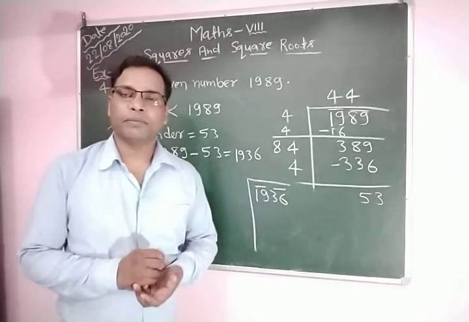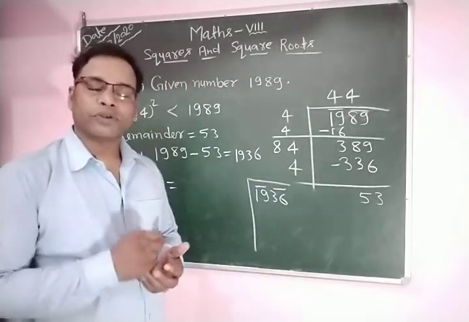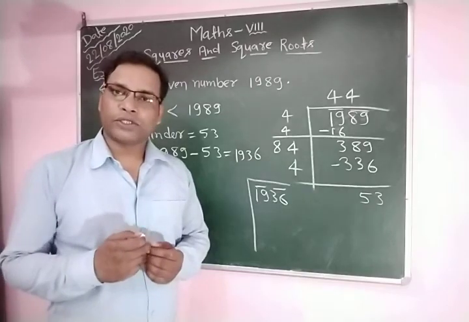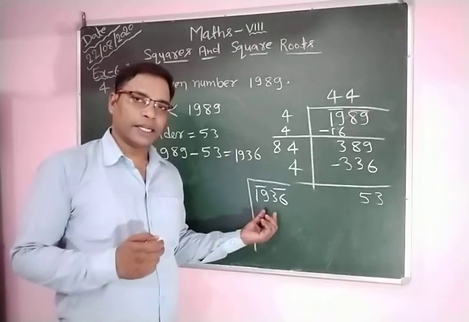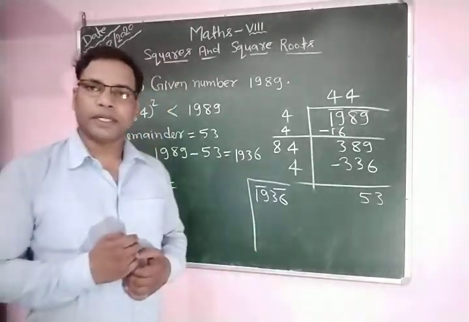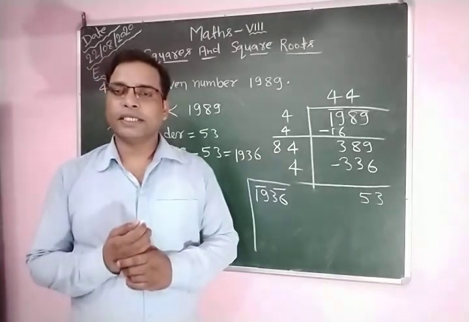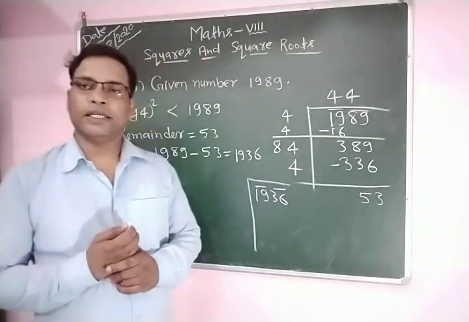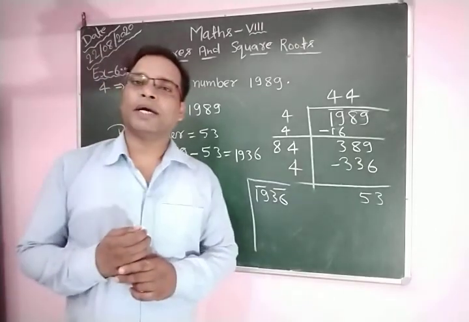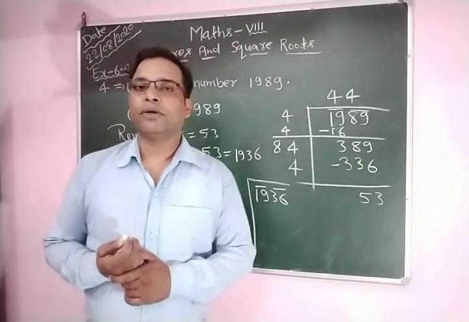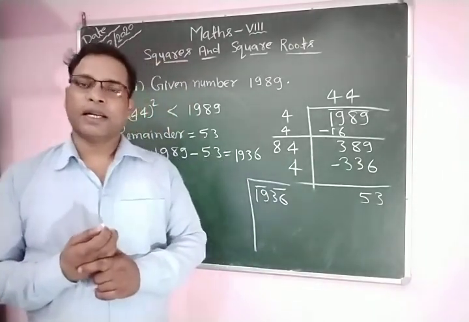So we select a number whose square is less than or equal to 19. Here if we take 4, the square of 4 is 16. 16 is less than 19. If we take 5, the square of 5 is 25. 25 is greater than 19.